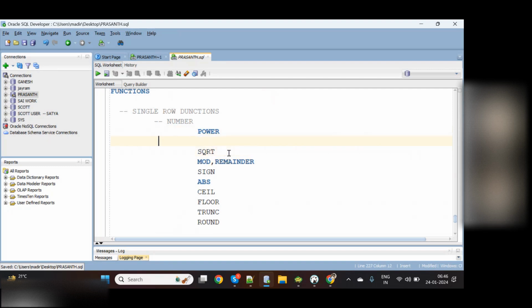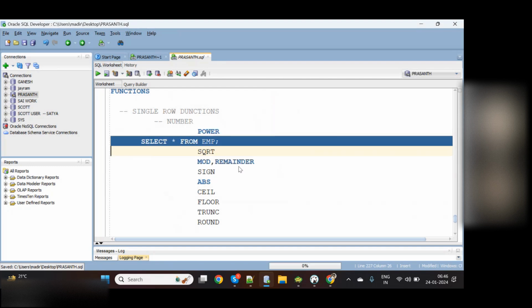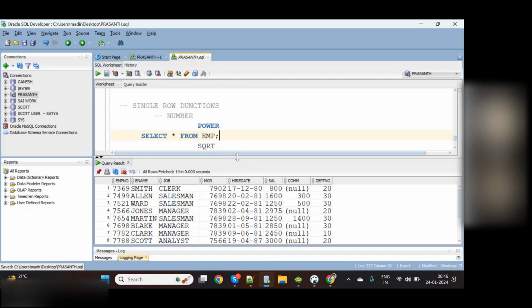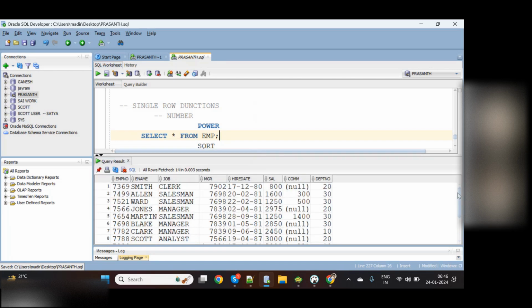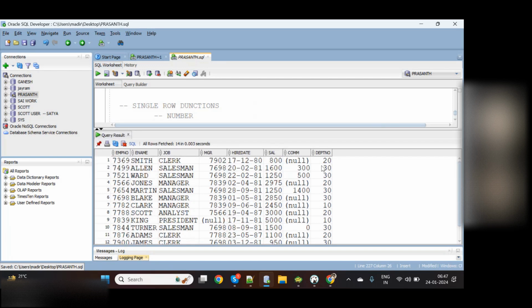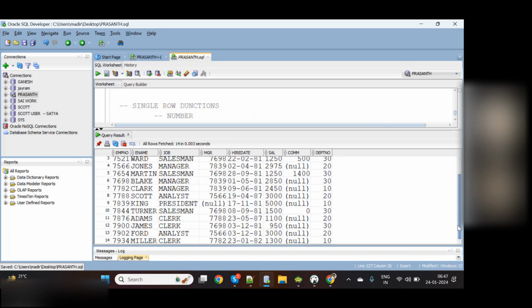First of all, why did I call it a single row function? For example, select star from EMP. Here, how many rows are there? 14 rows.